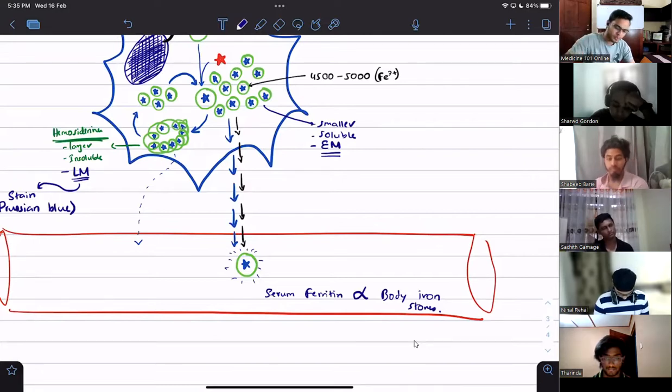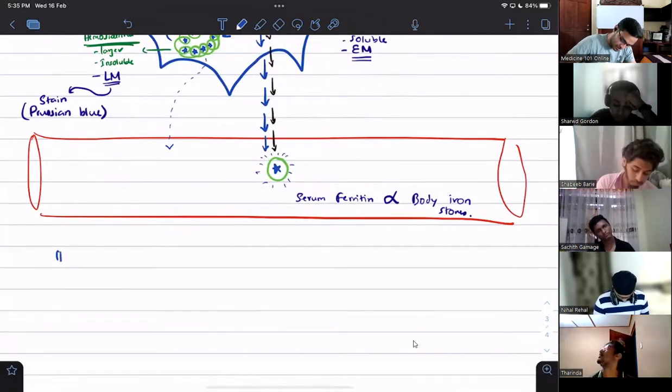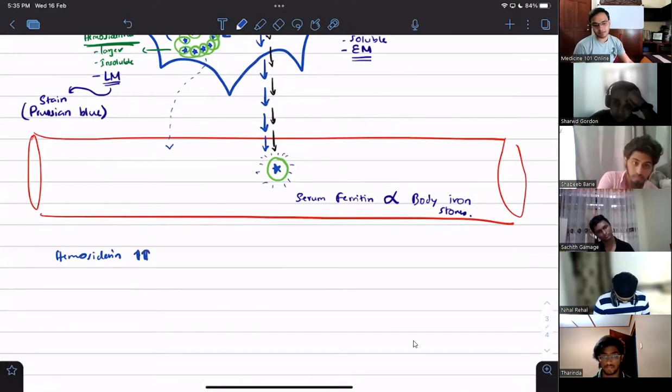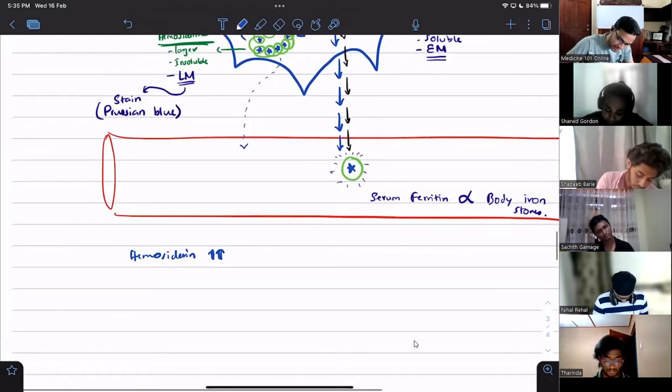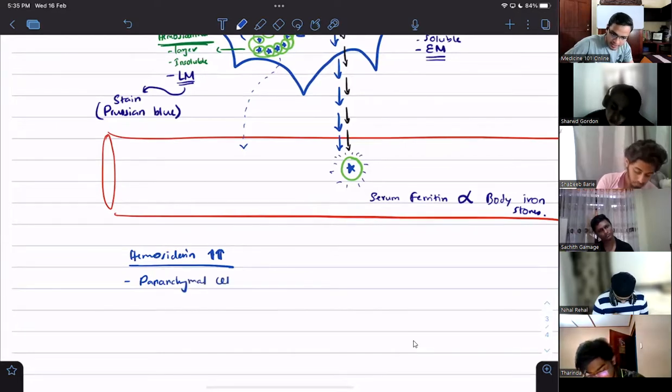Now, what happens when hemosiderin becomes excessive? First thing, it will start accumulating in parenchymal cells.